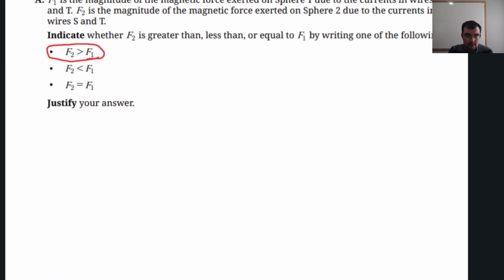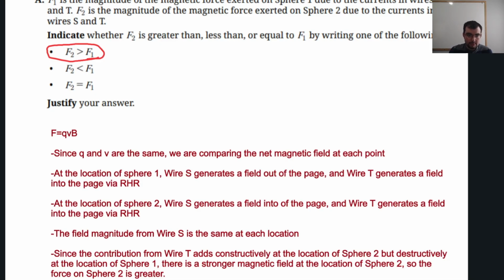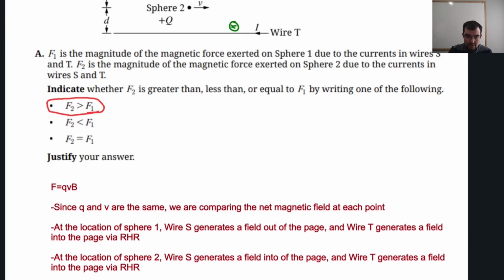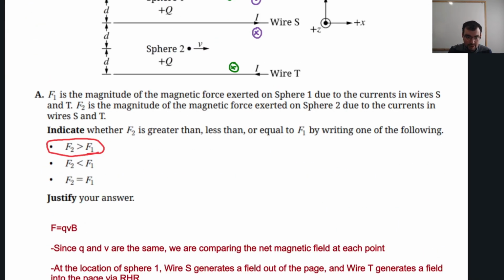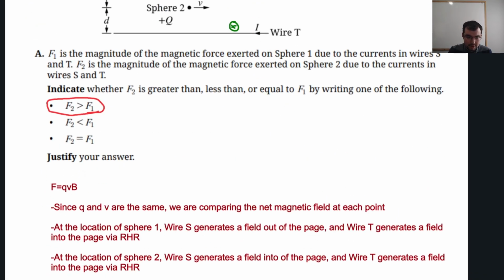So here's my giant paragraph I had to come up with to figure out how to do this without a whole bunch of math. It is really just what I talked through. Force is QVB. Since Q and V are the same, we're really just comparing the net magnetic field at each point. So at the location of the first sphere, wire S generates an out of the page field. Wire T generates a field into the page. Then I explain what goes on with the second sphere.